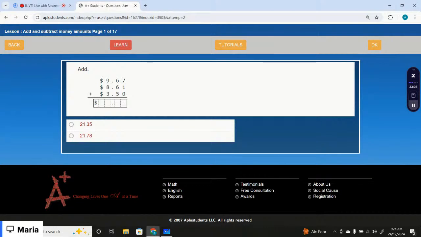So which is the correct option? The correct option is 21.78. Option number two is the correct option.